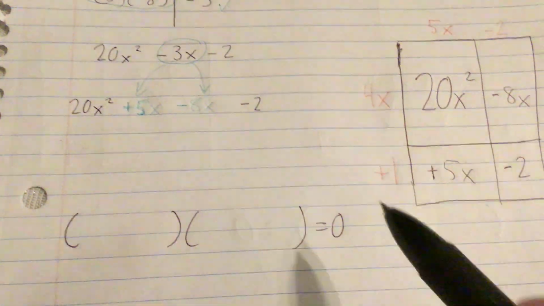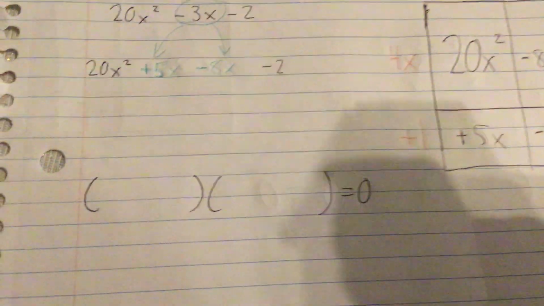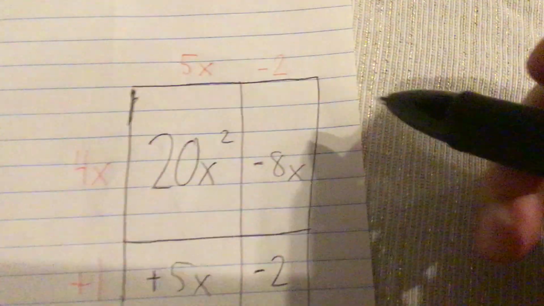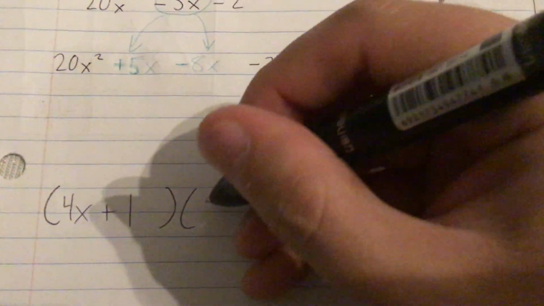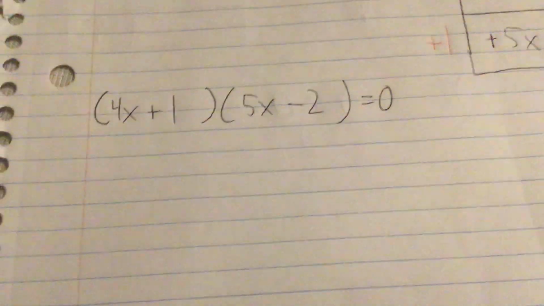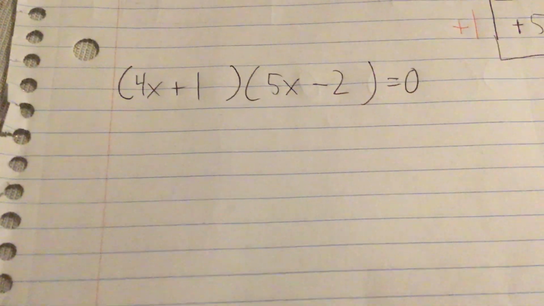Now that we've factored these out, I look at this dimension, 4x plus 1 gets factored out, and 5x minus 2, I thought that was a plus 2 for a second, 5x minus 2 gets factored out over there. So now we've factored this into 4x plus 1 times 5x minus 2, equal to 0.